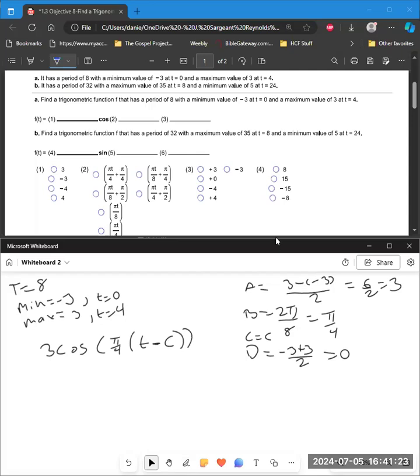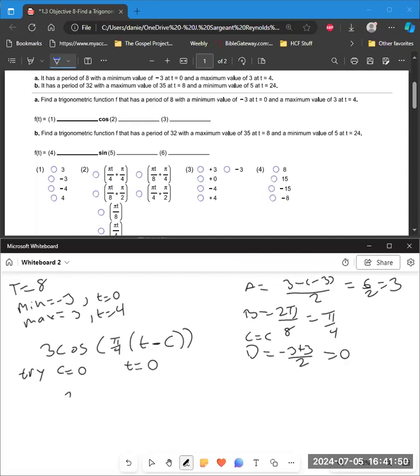And they want us to, let's try c equals 0 first, see if we don't have to shift anything, and t equals -3, or I'm sorry, t equals 0, and see if we get -3. If it doesn't work out, if we get 3, we might need to change the sign on the outside.